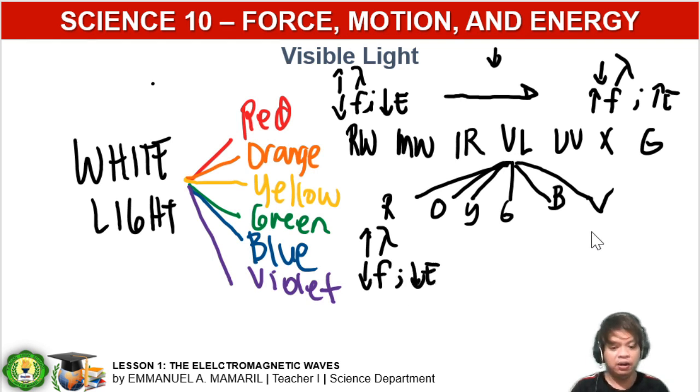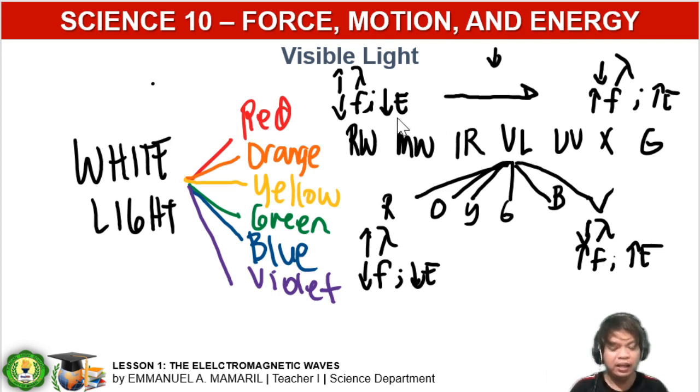And violet here has the shortest wavelength, but highest frequency and energy. So, the energy of violet color is higher than red color. Okay? So, the energy of green is higher than orange. The frequency of orange is lower than blue. So, it just follows the same rule as in the electromagnetic spectrum.